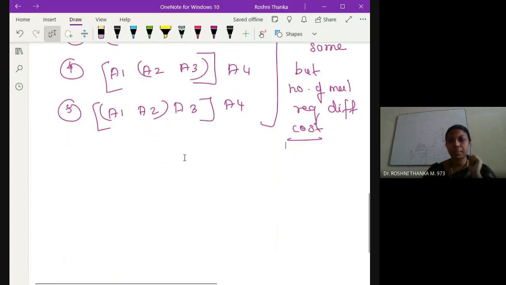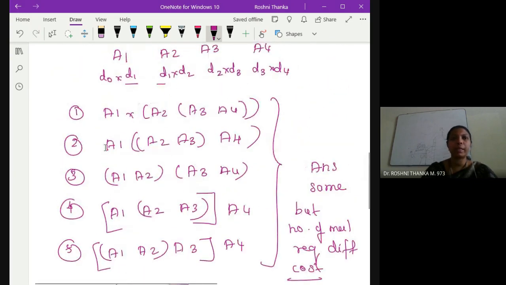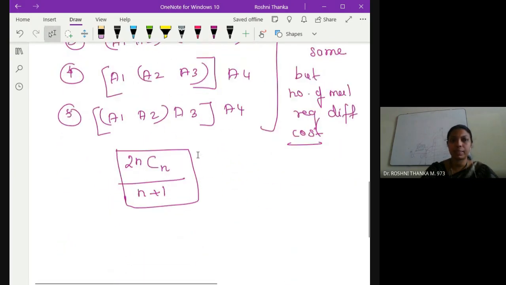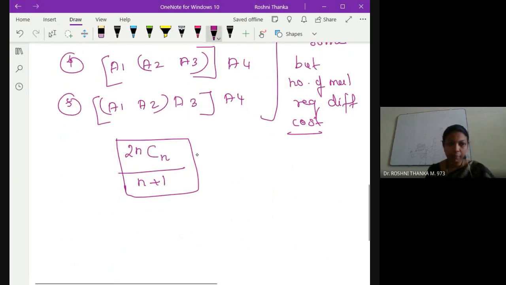Actually, we can represent it mathematically. In maths, you might have learned that combinations can be found with a formula like this. What is the formula? 2n C n divided by n plus 1. This is the formula to find the number of possible combinations I can have for this many matrices. And for this matrix chain multiplication, for the number of matrices n, you have to take this n as n minus 1.